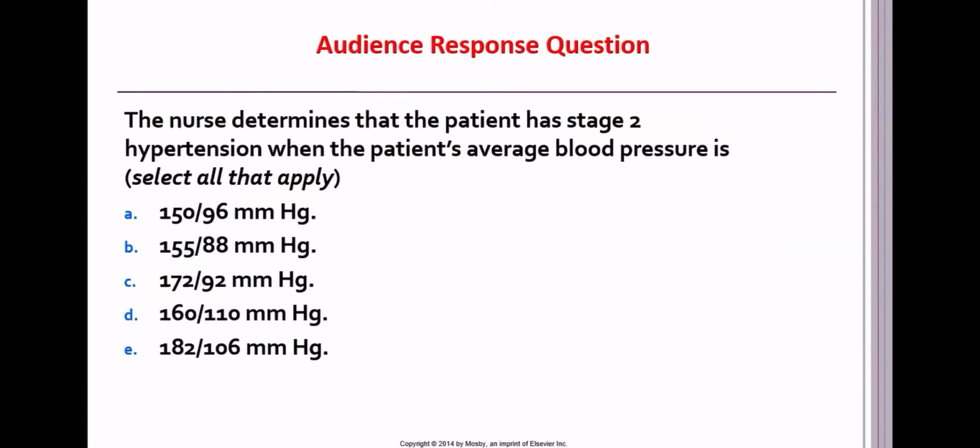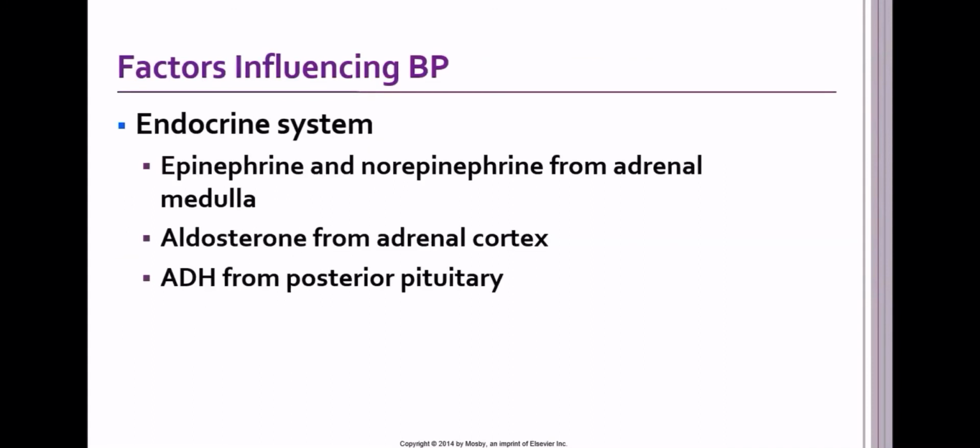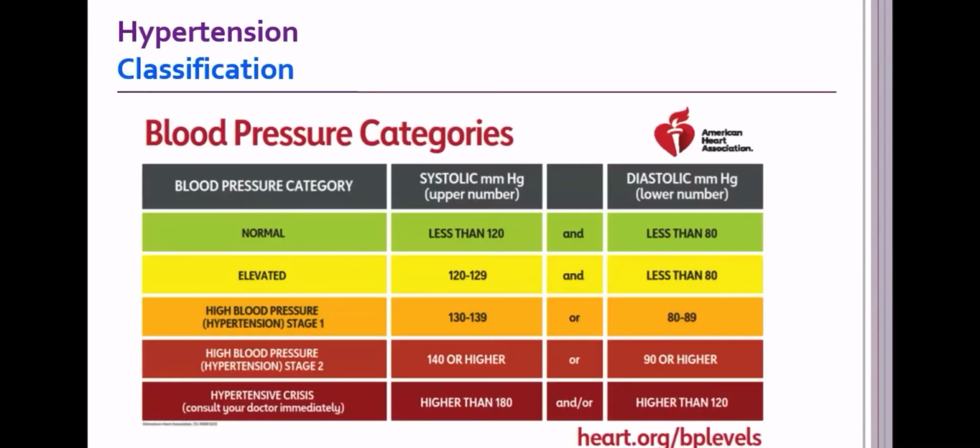So here's a question. The nurse determines that the patient has stage 2 hypertension when the patient's average blood pressure is... and so it's actually all of these will be considered stage 2, because as we could see with that last slide here, 140 or higher, and I don't believe any of them are in a hypertensive crisis.